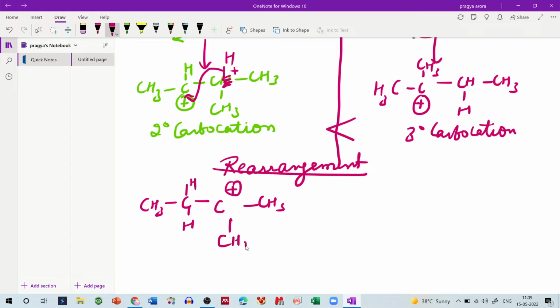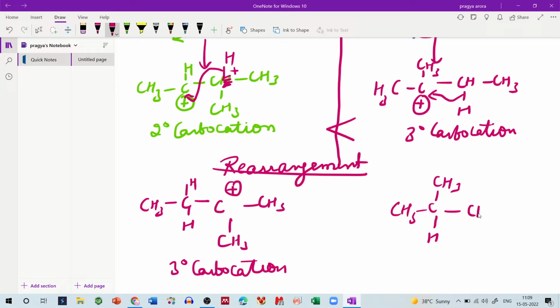Now tell me, this carbocation generated is a tertiary carbocation. And in the other case, if it undergoes this shift, then the generated carbocation will be CH+ CH3. This one will be a secondary carbocation.